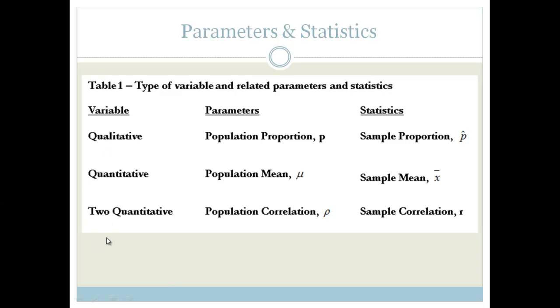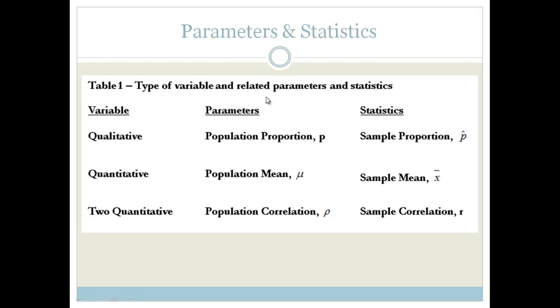You may notice that I left off two qualitative variables here. That really turns out to be a series of sample proportions and proportions, but we usually just talk about it as a cross-tabulation table, and more about that later. Again, parameters are characteristics of populations. We usually don't calculate those.